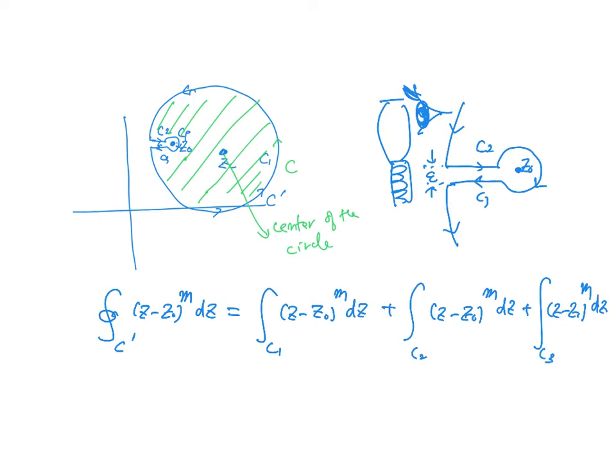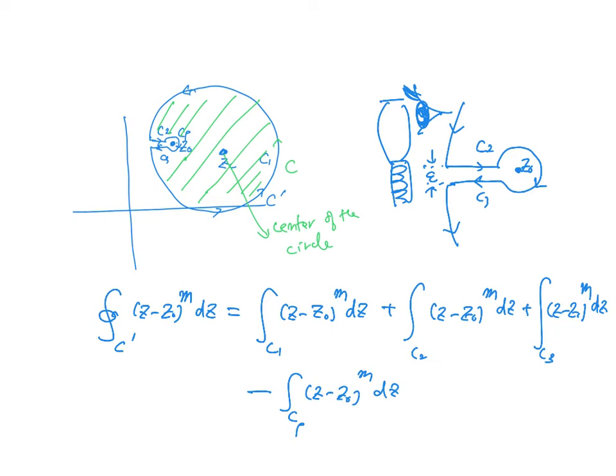So starting from 2 pi to 0, right? So it's a minus integral of (z minus z0) to the m dz. We took the positive as counterclockwise. So this is clockwise, we can put minus.